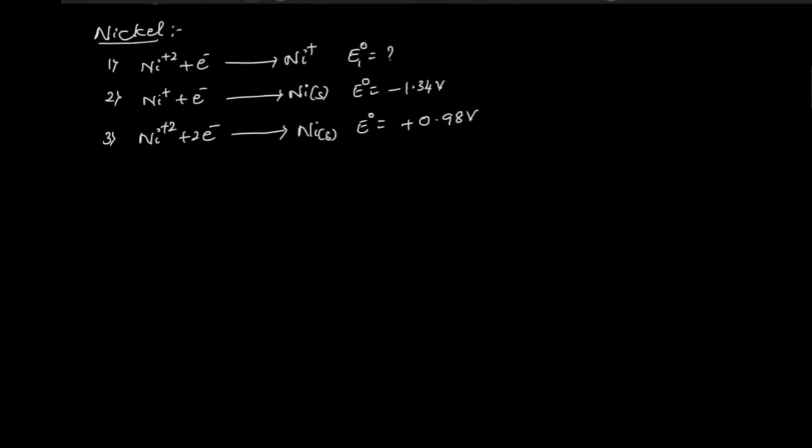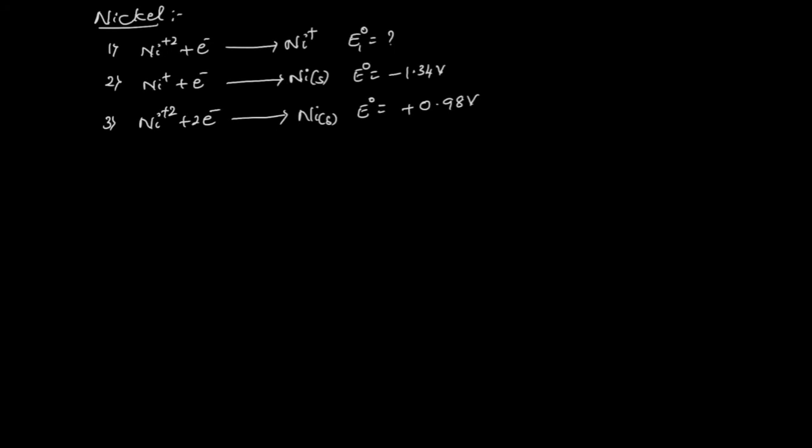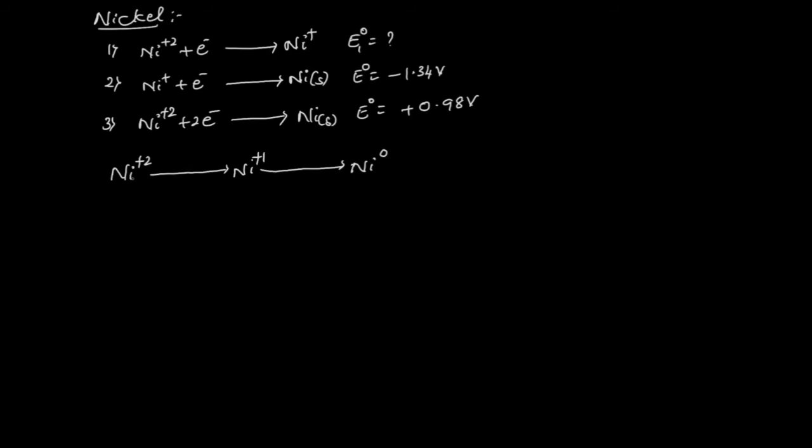By using these reactions, we'll construct a Latimer diagram. Which is the highest oxidation state? Nickel +2. The next one is nickel +1 and the next one is nickel 0. We have to connect these species by an arrow. For the conversion of nickel +2 to nickel +1, the E naught value is unknown.